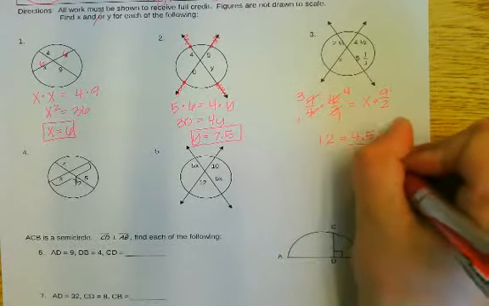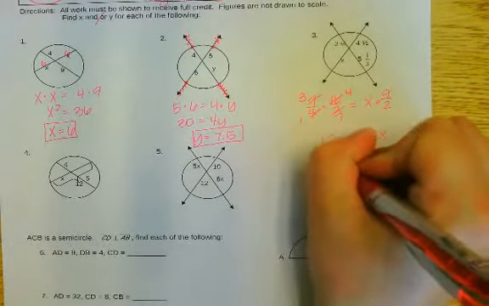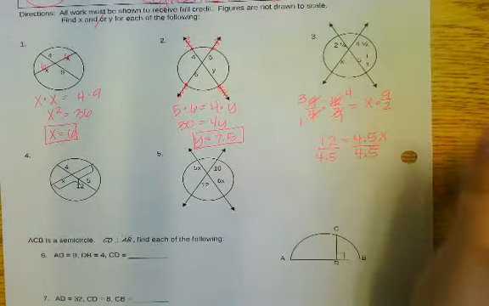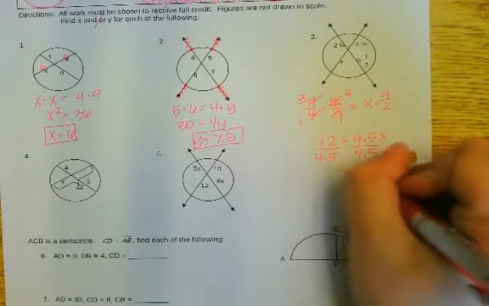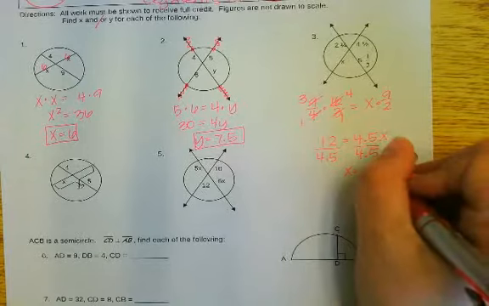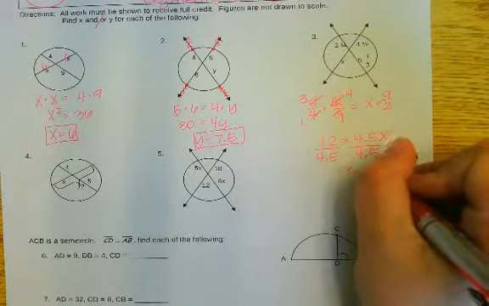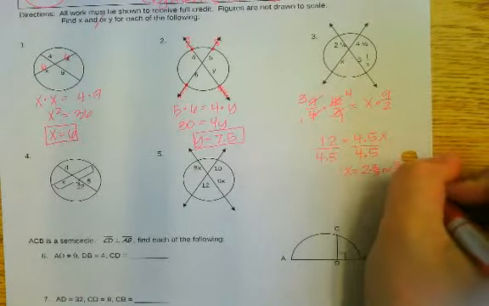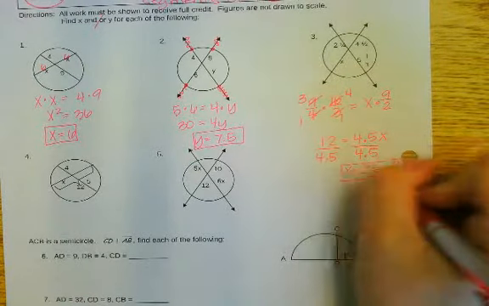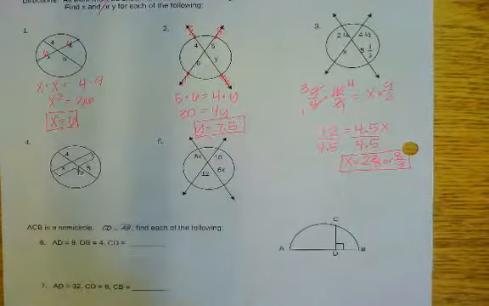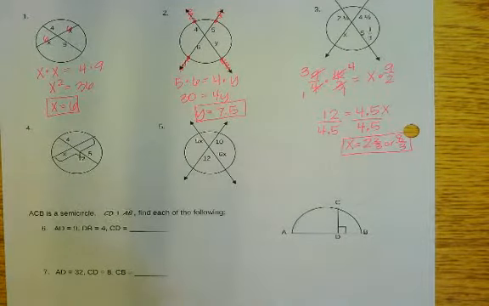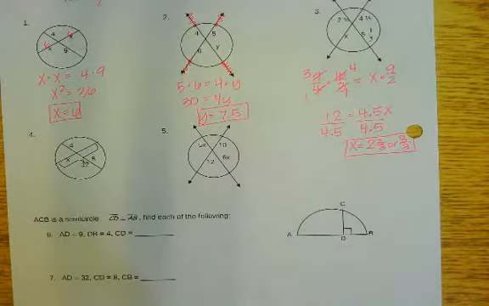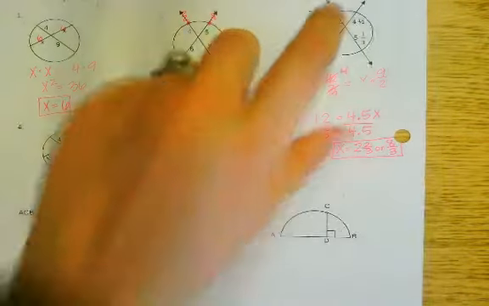So what does x equal? 2 2/3. And as an improper fraction, that's what? 8/3. If it's given in fractions, leave it in fractions. You can leave it as either one.